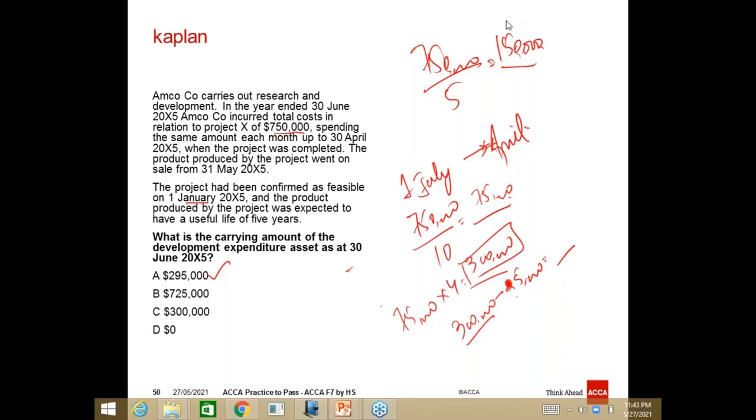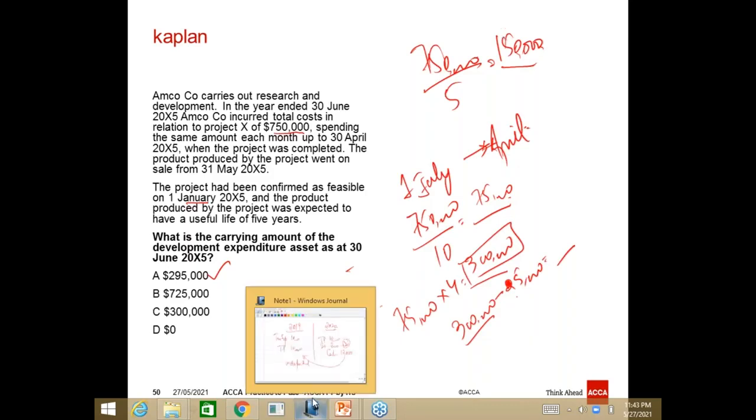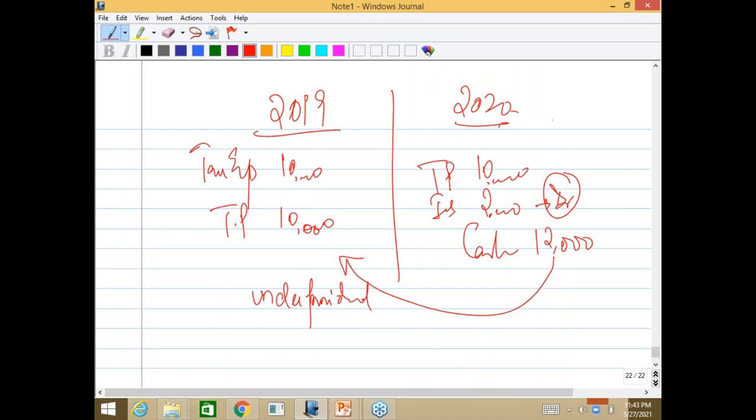Okay, let me explain to you guys. Actually, this question is saying that the year end is 30th June 2005. It will start on 1st July and run up to April.